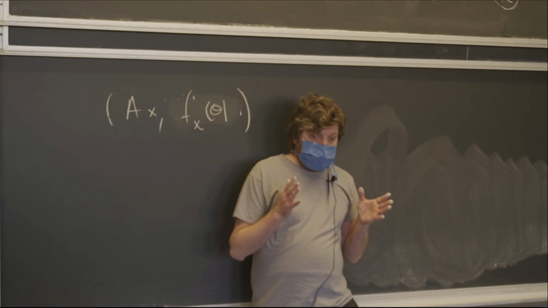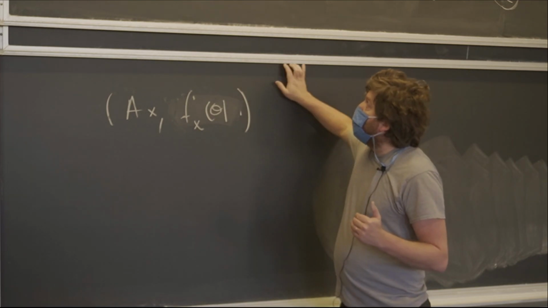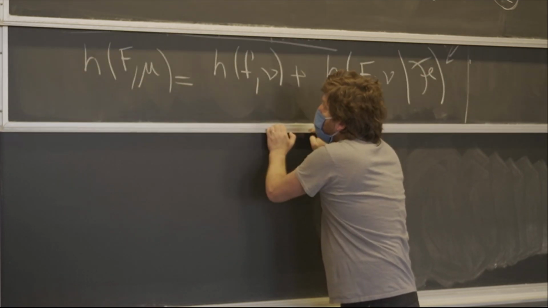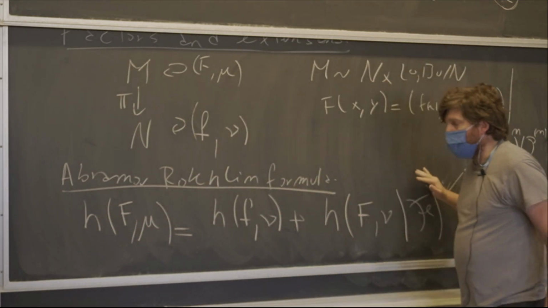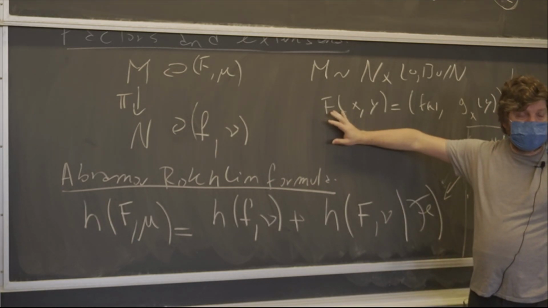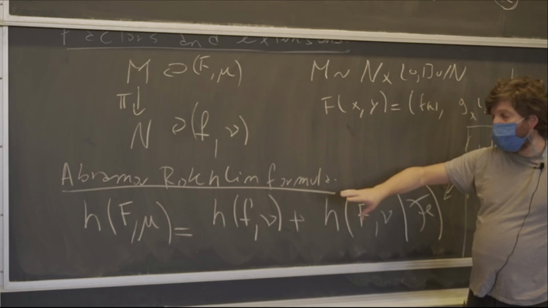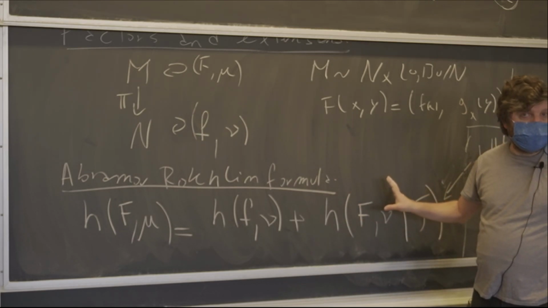Okay? So Abramov-Rokhlin is a purely ergodic theoretic statement. So there is no smoothness, no nothing here. It's about entropies. Entropy here is entropy here plus entropy there.